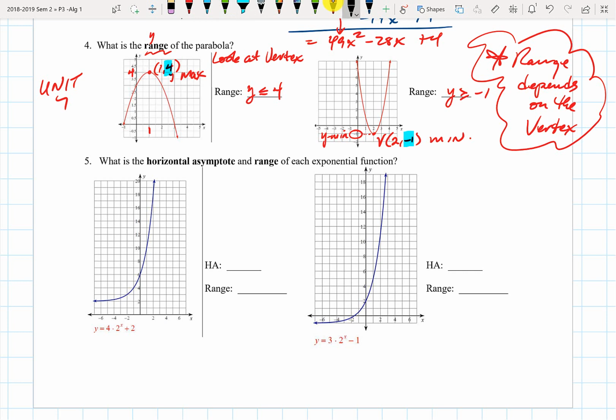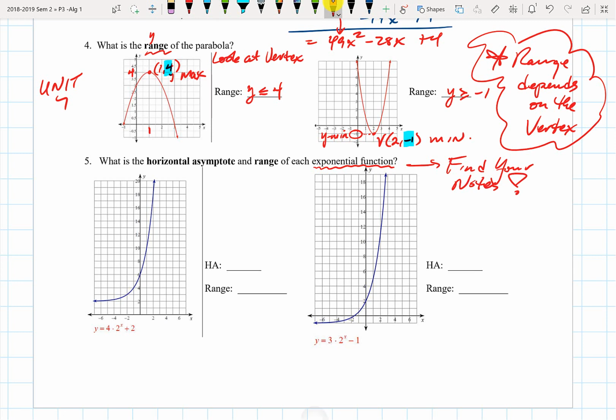Okay. Now these exponential functions here. Now this goes back into a previous unit, in the beginning of the second semester. You have your exponential function unit, so you should find your notes. We did all the work in there, so find your notes on exponential functions.